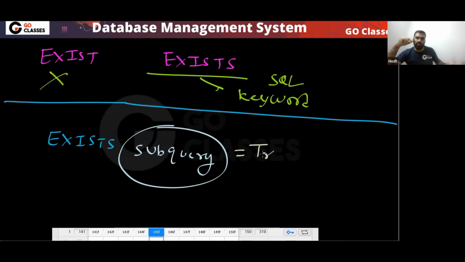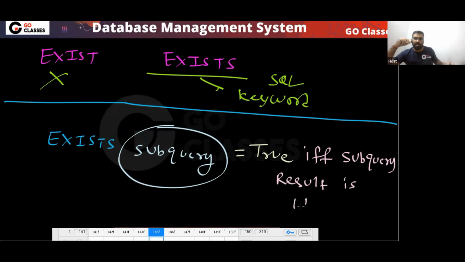This will be true if and only if there exists a tuple here, if and only if the subquery result is non-empty. Is this clear? Result is non-empty means there exists a tuple. It talks about the existence of tuple.